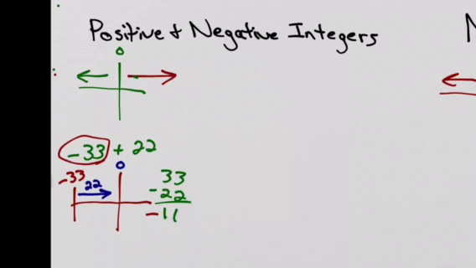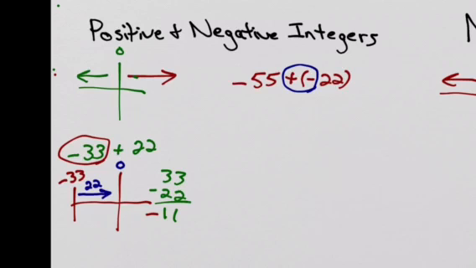So let's go ahead and take a look at another number. Let's take a look at negative 55 plus a negative 22. Now, we could simplify this, and we could look at the fact that we have these two signs right here, they're butted up against each other.